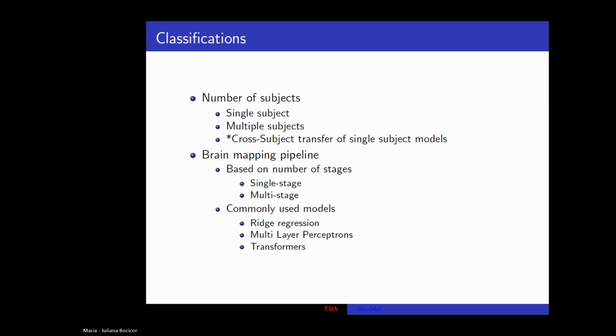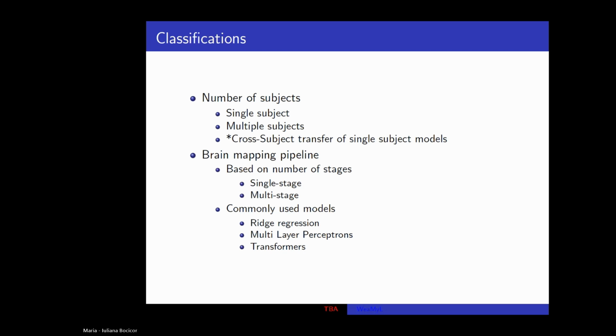This is a challenge because people have different brain structures and sometimes different ways of encoding information. So it's not trivial to transfer one model from one subject to another. There have been studies in this area as well, because it might be an efficient approach for, for instance, completely locked-in patients, to just train on as little data as possible, and then use some model from a healthy person.